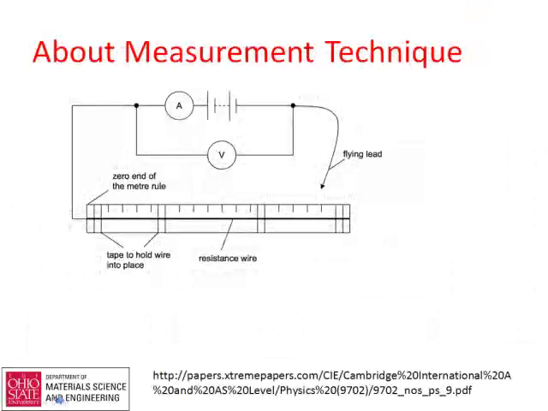So we're not by any means the first people to talk about measuring resistance of wire. This is something from Cambridge that's online. Basically, you can do this two ways. You can either buy a commercial ohm meter, go to Harbor Freight, get an ohm meter that has all of this in it, or you can take a battery with an ammeter and a voltmeter, which basically makes an ohm meter. This is the wire that you're interested in testing.